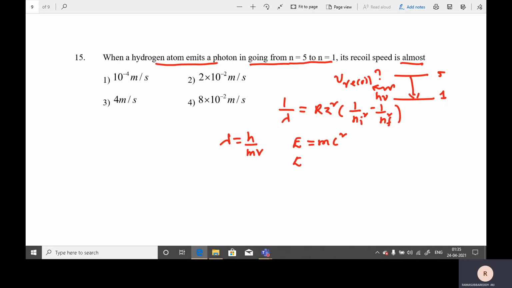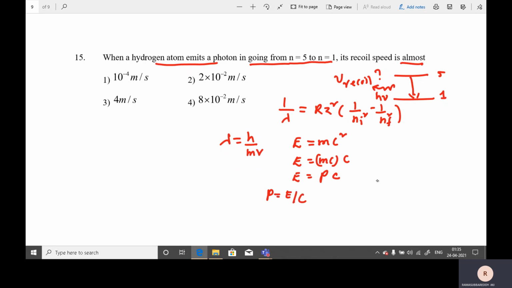For a photon, which is relativistic, this is mc into c, so E is equal to p into c, where momentum p is equal to E by c.